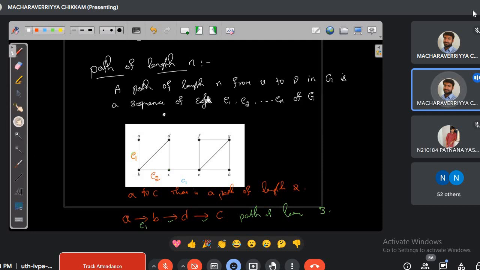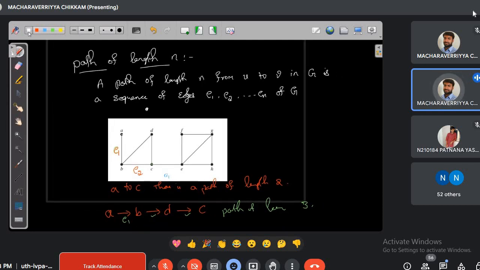In a simple graph, we can even denote the path with the vertices. For example, the graph is simple. Let me say E1 is the edge between x0 and x1. I can assume this U is nothing but x0. And next, E2 is an edge between x1 and x2.